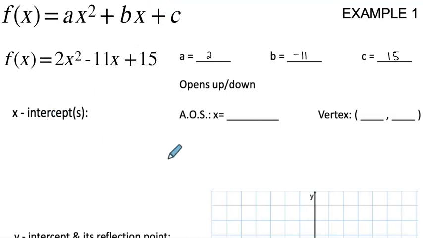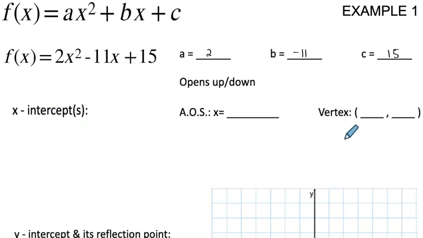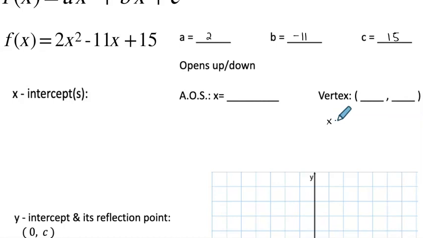Our vertex, x-intercepts, it's easier to do the vertex first. So the vertex, again, we're going to use that formula, x equals negative b over 2a. Remember, this only gives you the x value of the vertex. You still have to plug in and get the y value. So if I use this, I get negative b, which is negative 11, over 2 times a, which is 2 times 2.